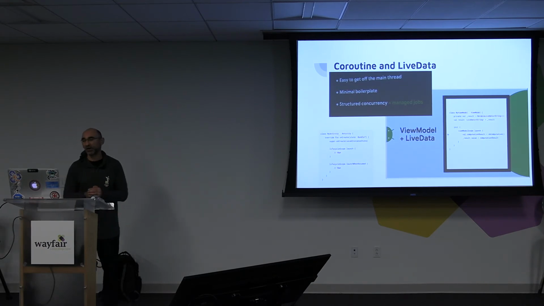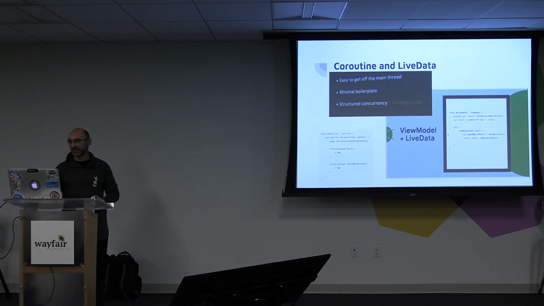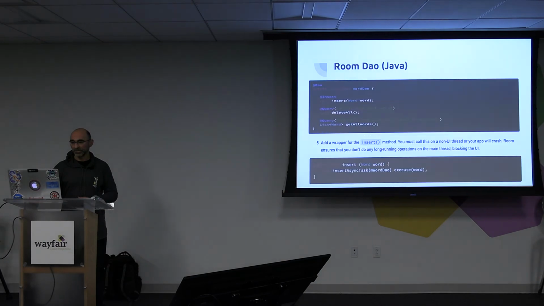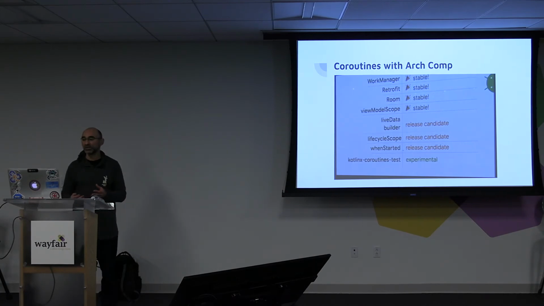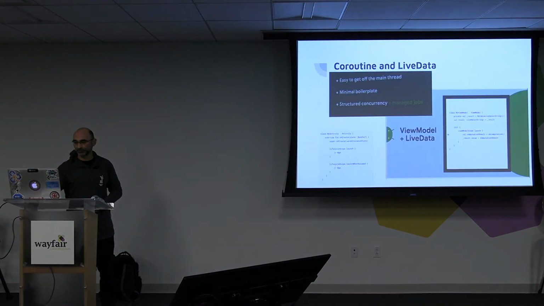You can think of this as a garbage collector for your lifecycles, and they have viewModelScope, so that when your view model is in scope, the activity is live, and when it goes out of scope, it's automatically cleaned up for you. So you can see they added the viewModelScope, the liveData builder, the lifecycleScope, and whenStarted. All these are so that when you're working with LiveData, it helps you manage the jobs.